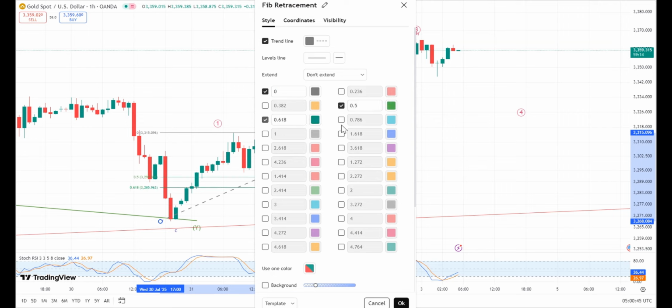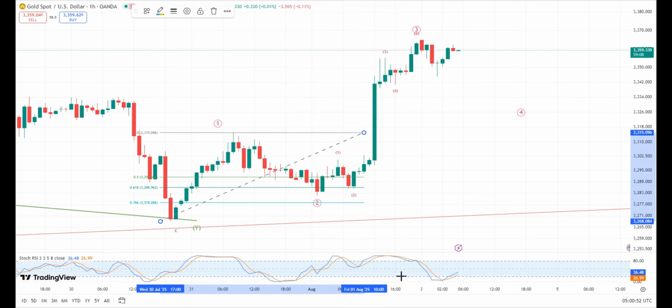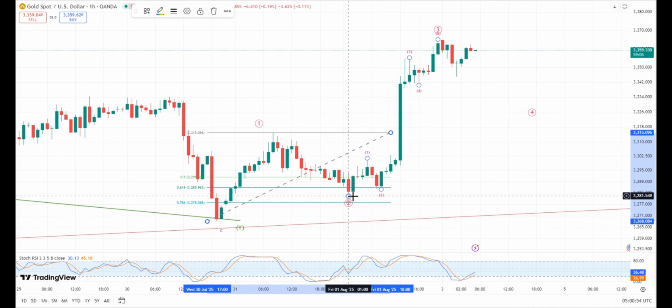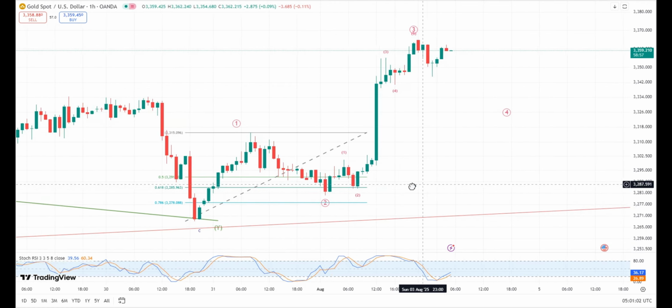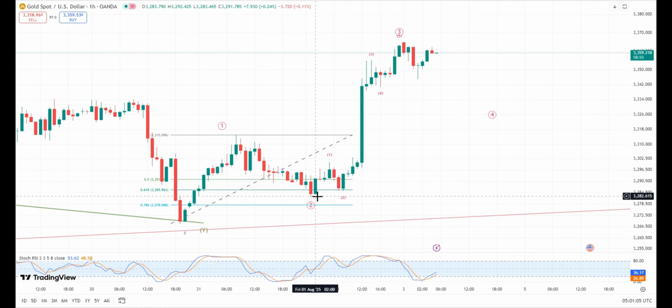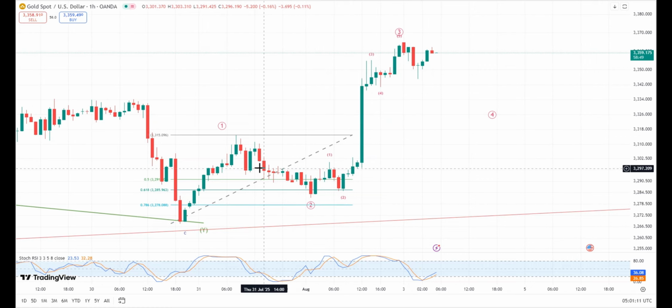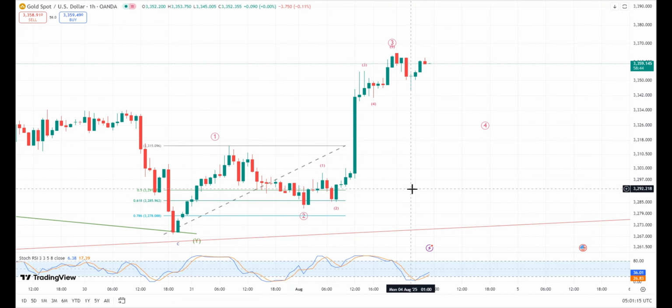Our usual target for wave 2 correction is 50 to 61% to 78% retracement ratio. So we got to the 61%, but we didn't get to the 78% retracement ratio. So based on this, we can say yes, the wave 2 correction was a deep correction, and it was more like a complex correction.